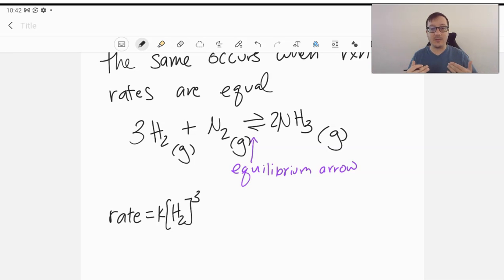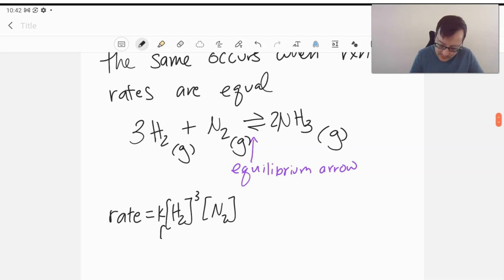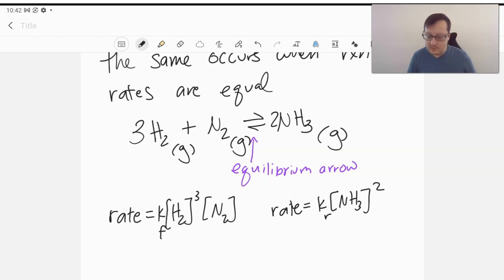We can still deal with the rate with respect to all these reactants. And so with that, we would say the rate of the forward reaction, we'll use F to indicate forward. Again, if this were the overall reaction, if this were elementary, we could say that as our rate law. For the second, of course, we're looking at the ammonia, so that would be k[NH3] squared. And let's just say this is R for the reverse reaction. So k sub R would be our rate constant here.